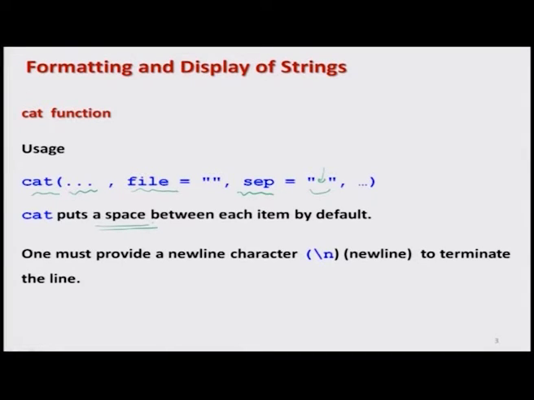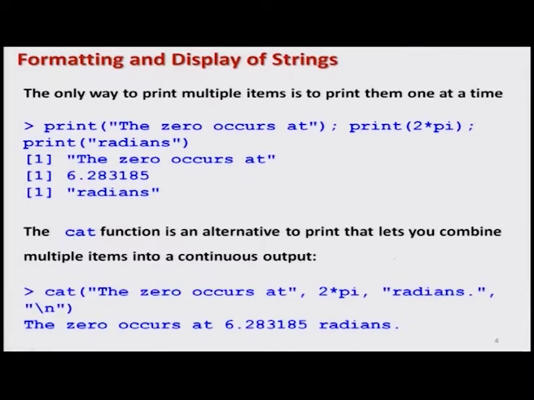Blank space is automatically taken as the default separator with the cat function. After one output, if you want to change the line, then for that we have a new line character, given as \n, and with this new line character the output is terminated at that point and the next output is printed on the next line. We will try to see these things with some more examples.